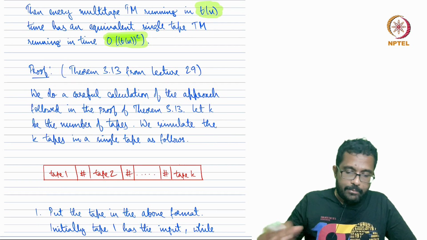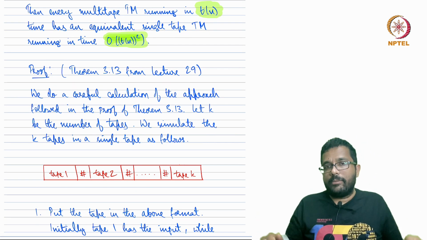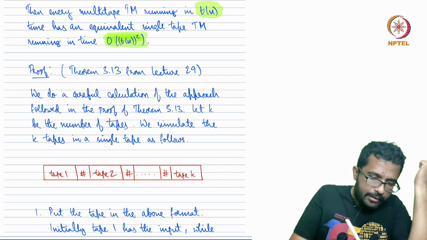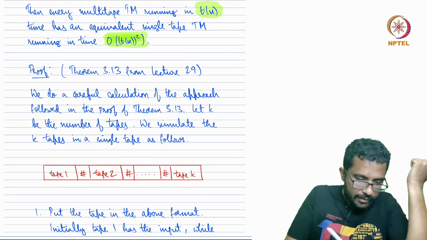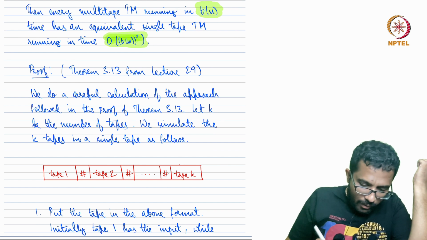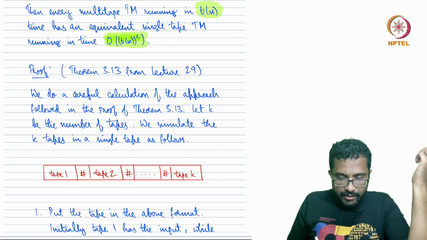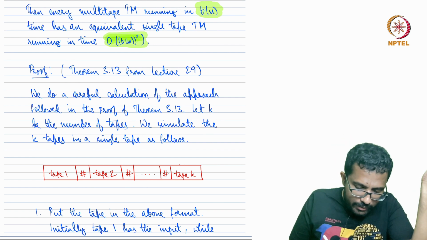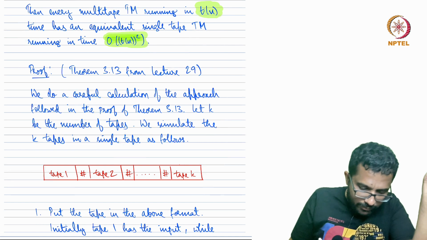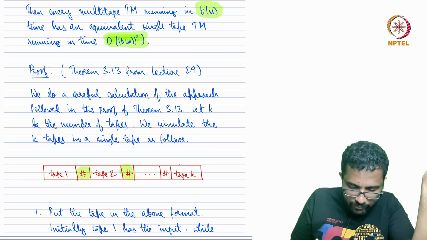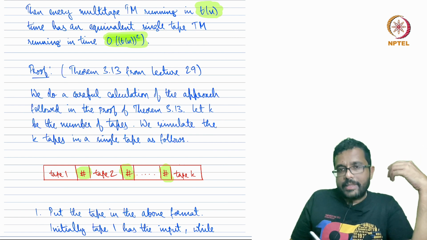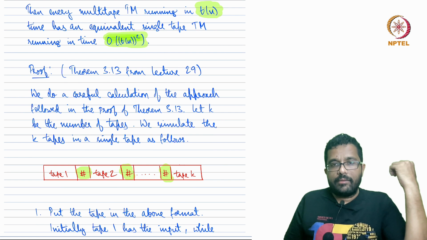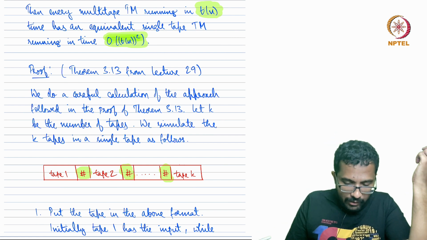So let k be the number of tapes that the multi-tape Turing machine has. Now we want to simulate it in a single tape Turing machine. You may recall this, but nevertheless I will just briefly explain. Basically the k tape contents, we include in a single tape, and we use these delimiters, which we denote by the hash symbol. So basically we are virtually dividing the single tape into k tapes, right?